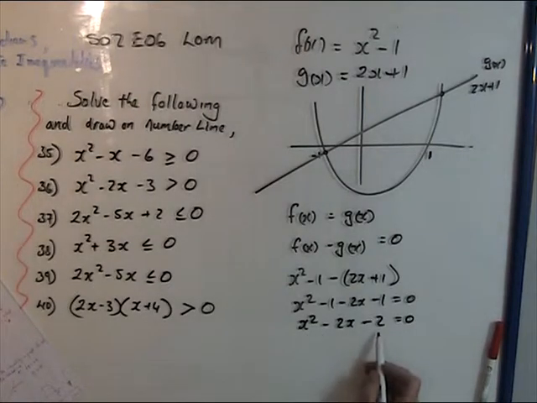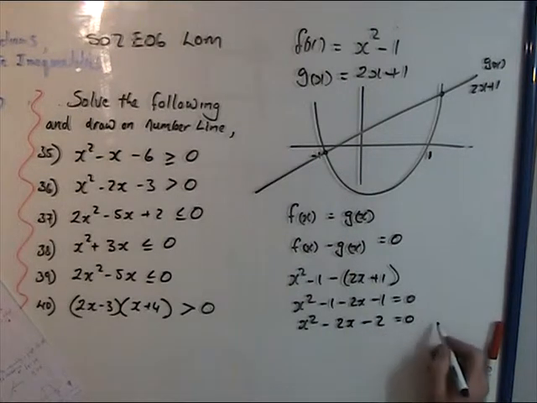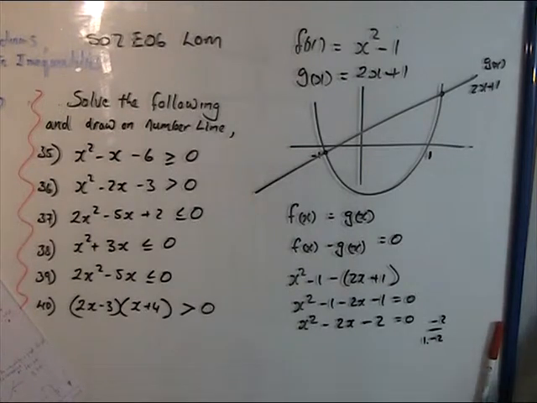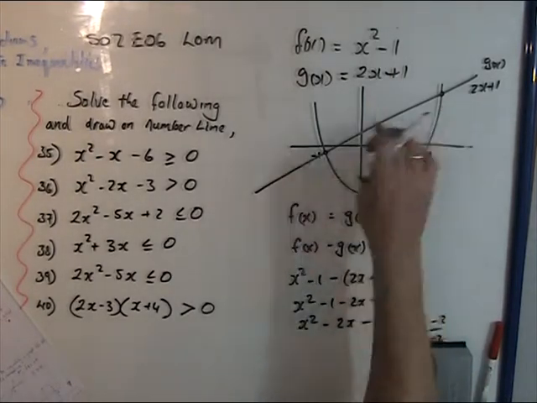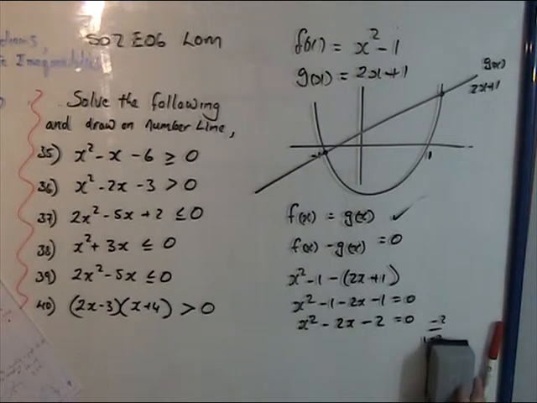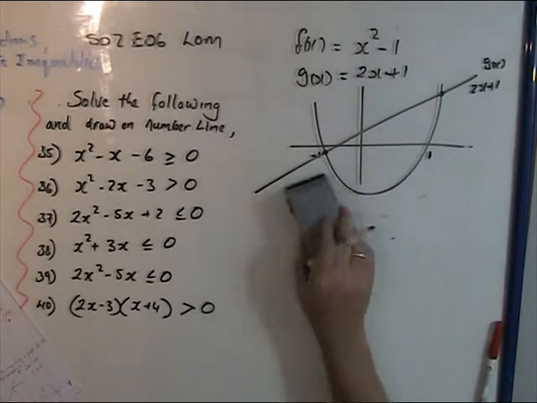That's going to give me decimal points because there are no factors. The factors of minus 2 are 1 and minus 2, and none of them are going to work, so you're going to have to use the formula. That's just to let you know how to solve lines on cubic or quadratic equations. I will do this again in more detail.